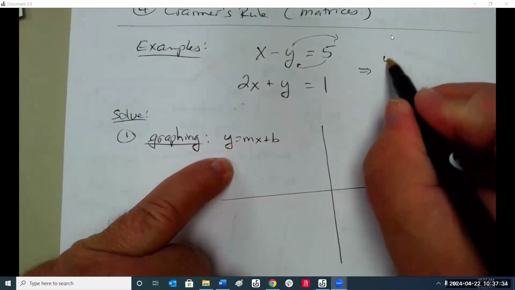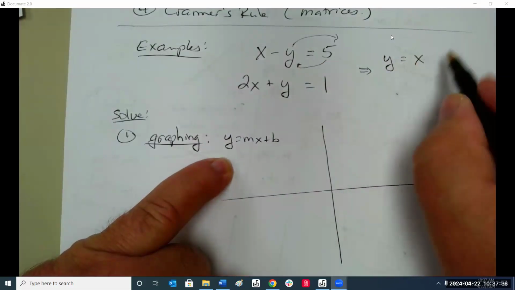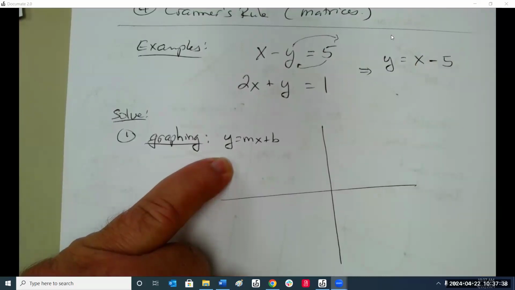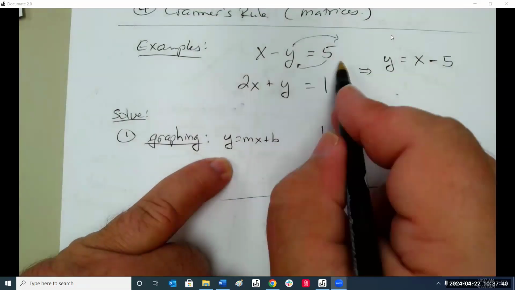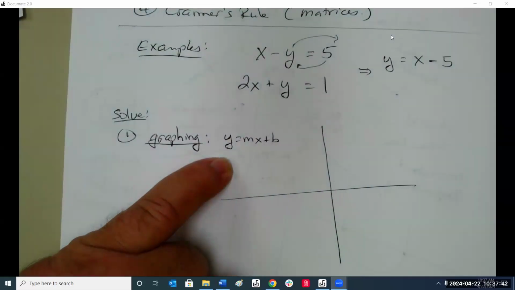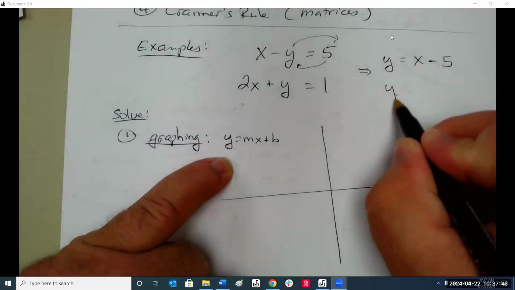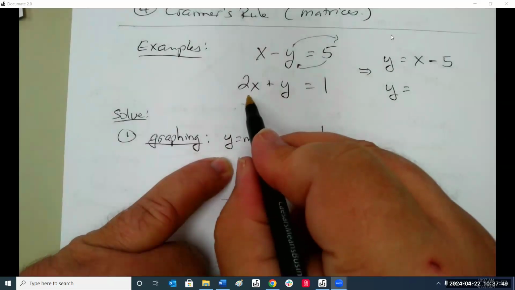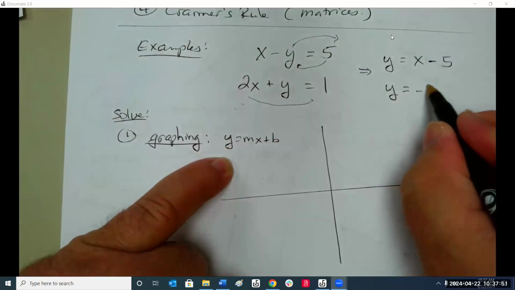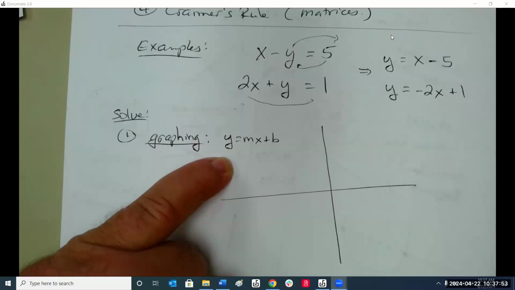So I have y is equal to x minus 5. I add y to both sides, I subtract 5. And this one, I got to move the 2x over, so it's minus 2x plus 1.